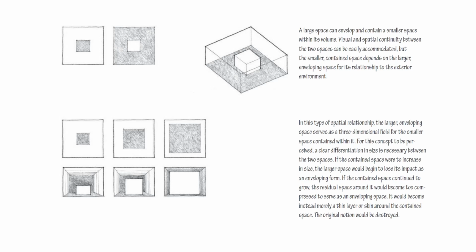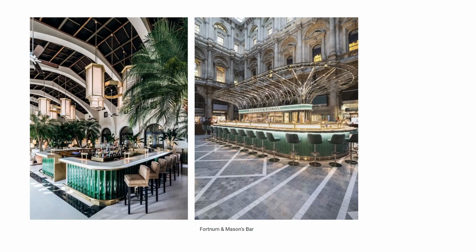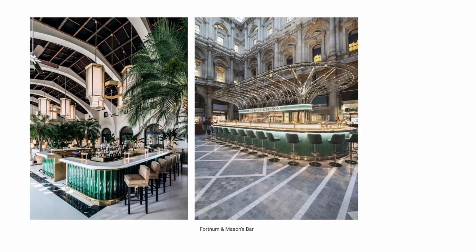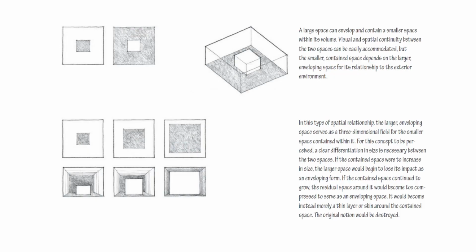Visual and spatial continuity between the two spaces can be easily accommodated, but the smaller contained space depends on the larger enveloping space for its relationship to the exterior environment. This is an example of how a smaller space is contained in a larger setting.